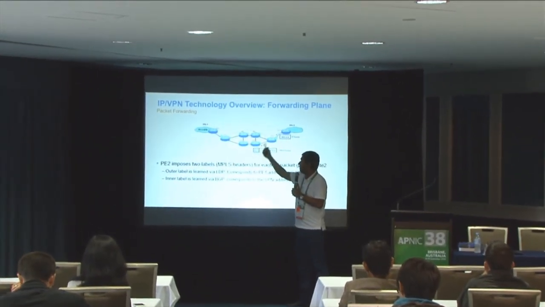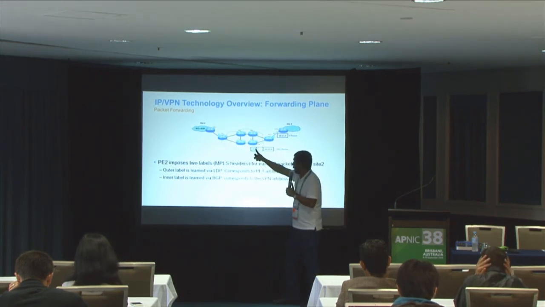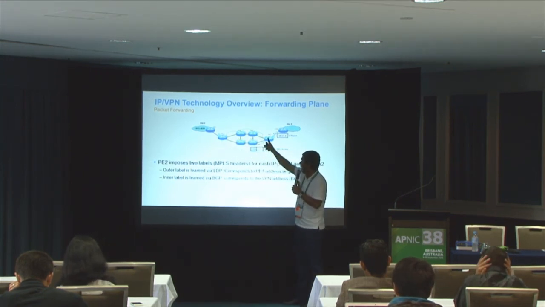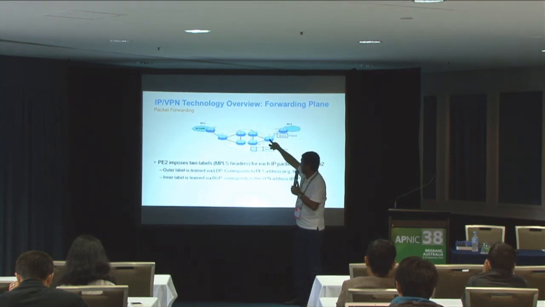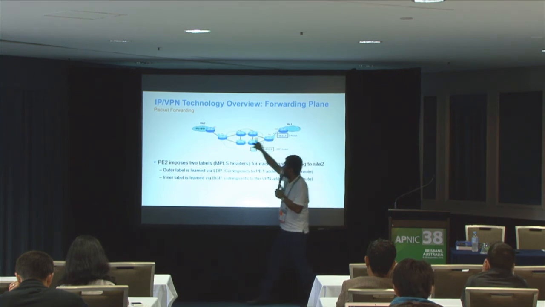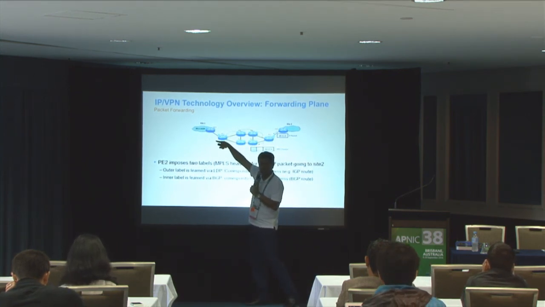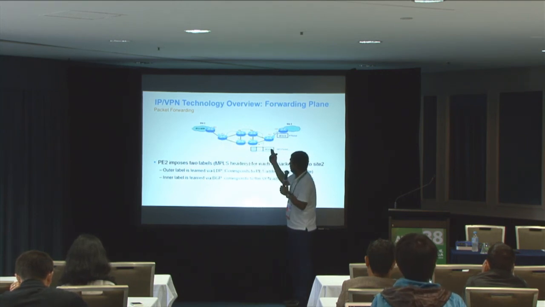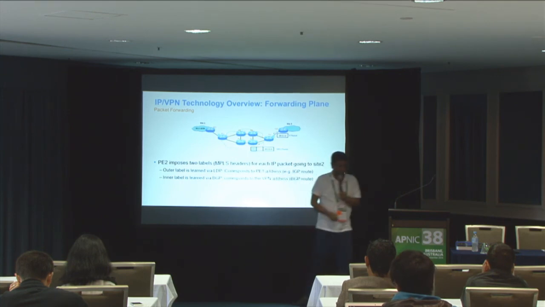One is the transport label to reach up to this router. So the outgoing transport label is 25, and inside there is another label, which is the VPN label. The VPN label tells, when the packet goes to the other side, which VRF it belongs to. That will be done by the inside label, the VPN label.